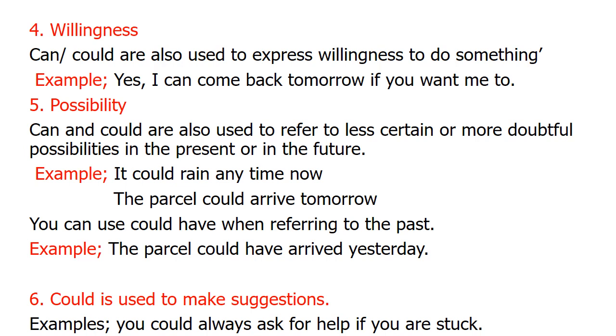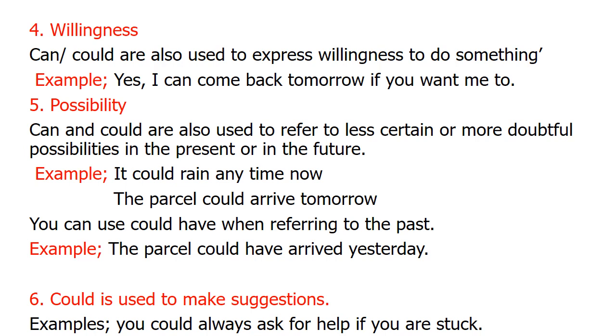Example: it could rain anytime now. Or the parcel could arrive tomorrow. You can use could have when referring to the past. The parcel could have arrived yesterday.